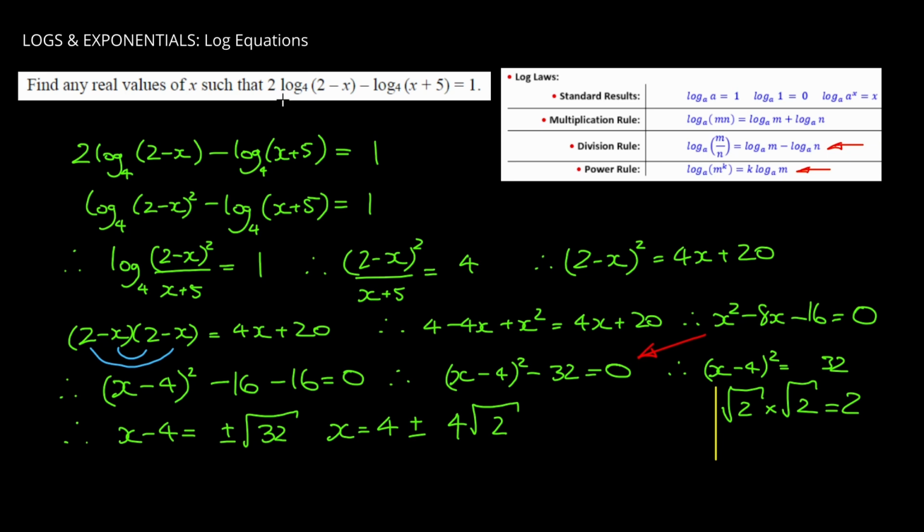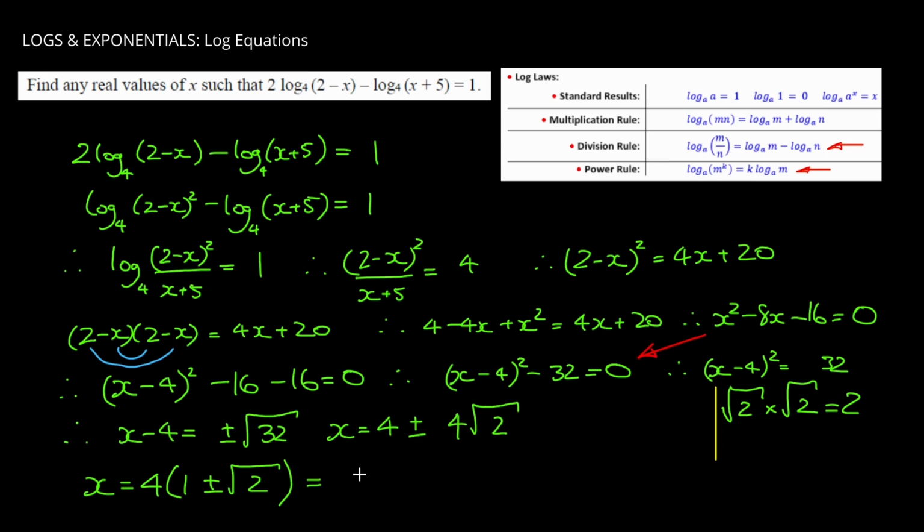And the problem is we cannot take logs of a negative number. So if 2 minus x or x plus 5 lead to a negative number, this will not have a solution. So we need to test x. So x is equal to, taking our common 4 out, 1 plus or minus the square root of 2.